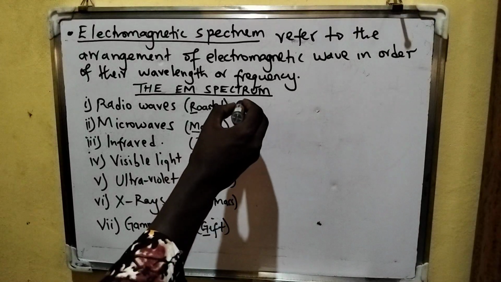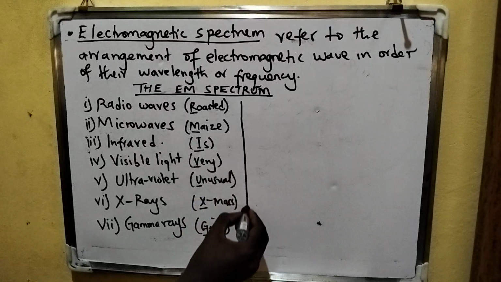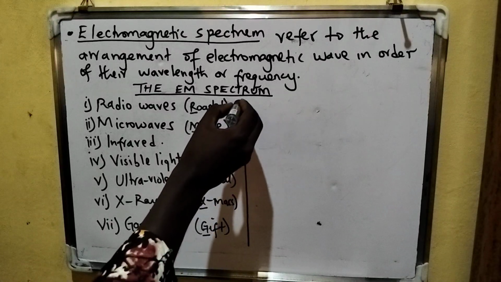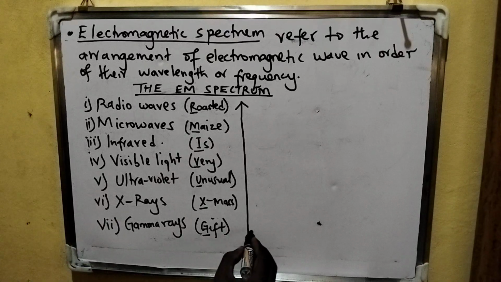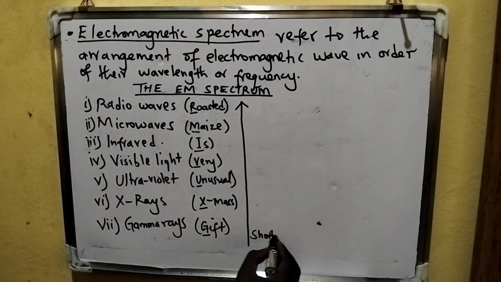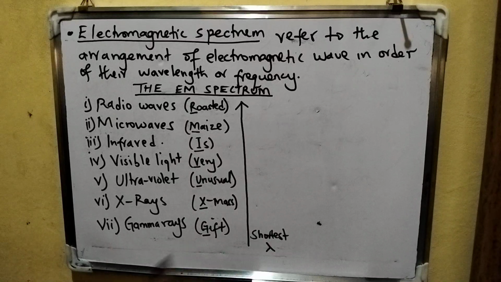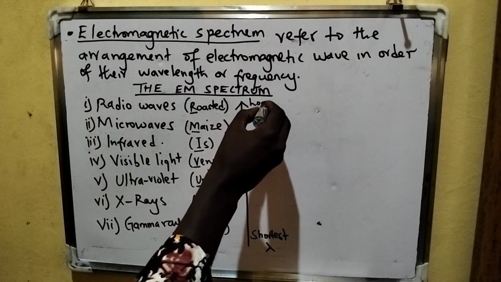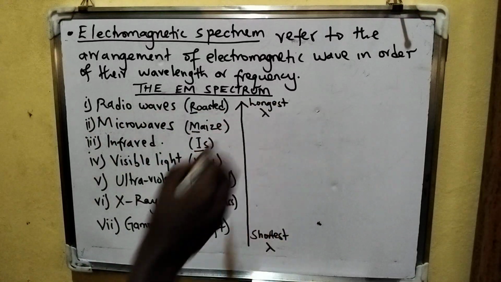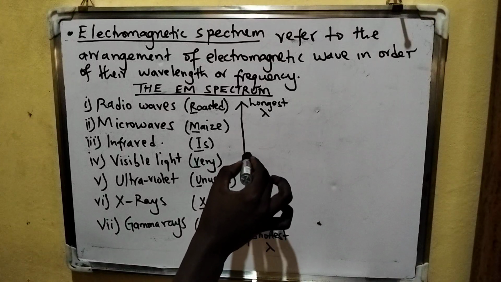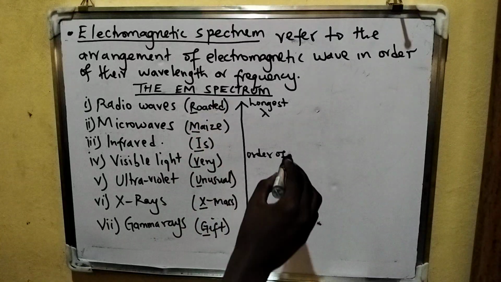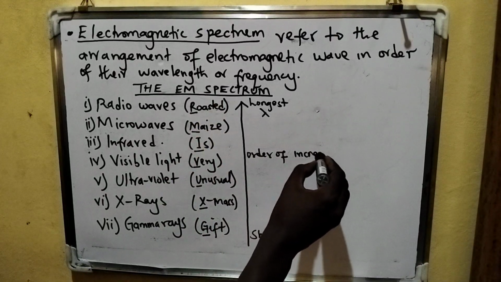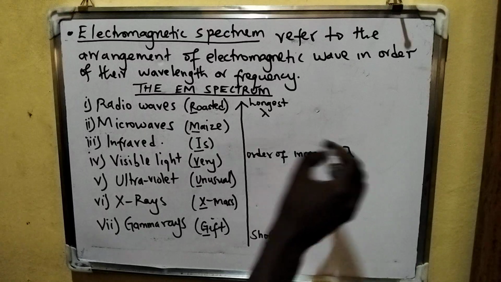Now, let us understand in terms of the wavelengths or the frequencies. If I have an arrow this way, it is important to understand that gamma rays have the shortest wavelength. If gamma rays have the shortest wavelength, it therefore means that radio waves will have the longest wavelength. So according to my arrow, this is the order from shortest to longest, that is the order of increasing wavelength.